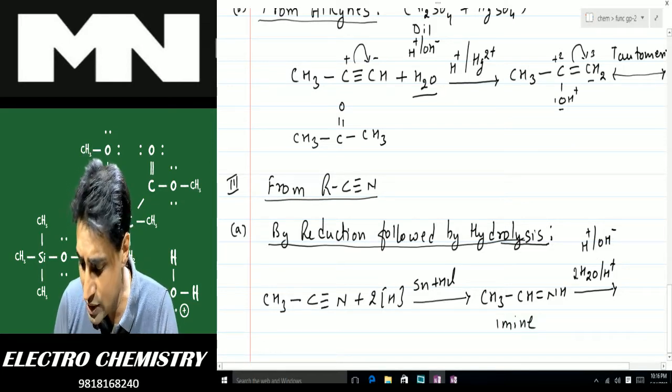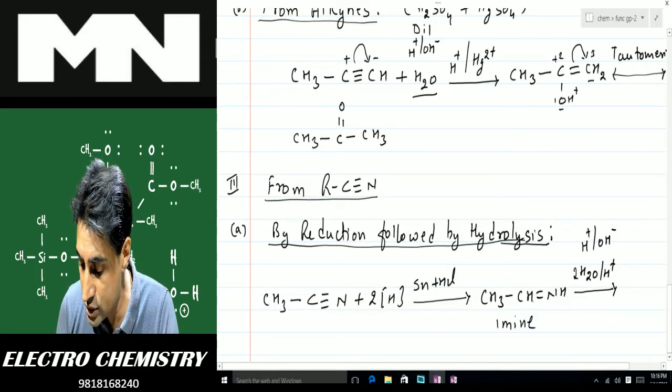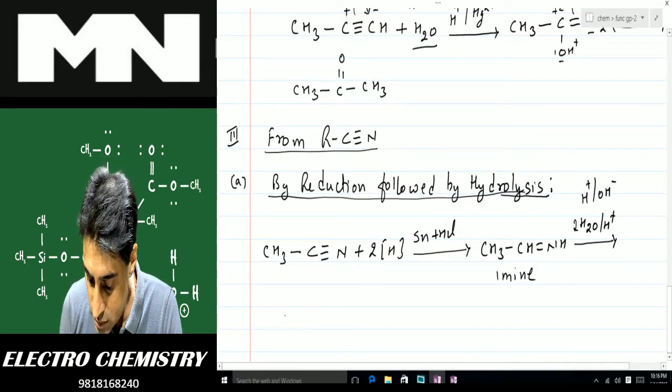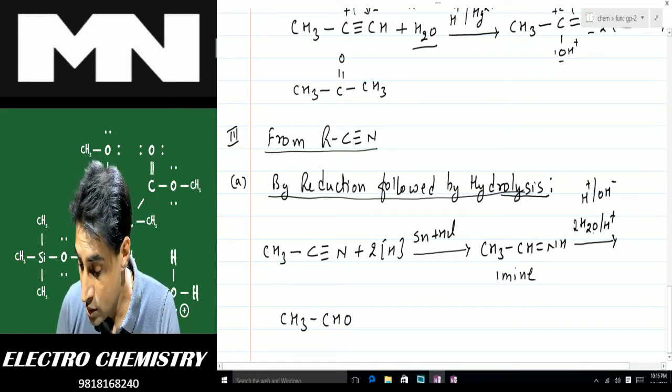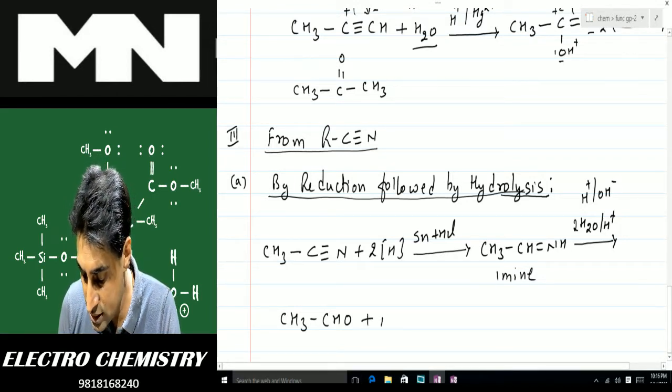You can see that two water molecules means four hydrogen and two oxygen. So one of the oxygen will combine with CH3CH. That will form CH3CHO, acetaldehyde. Three hydrogens will combine with NH and will come out as NH3.